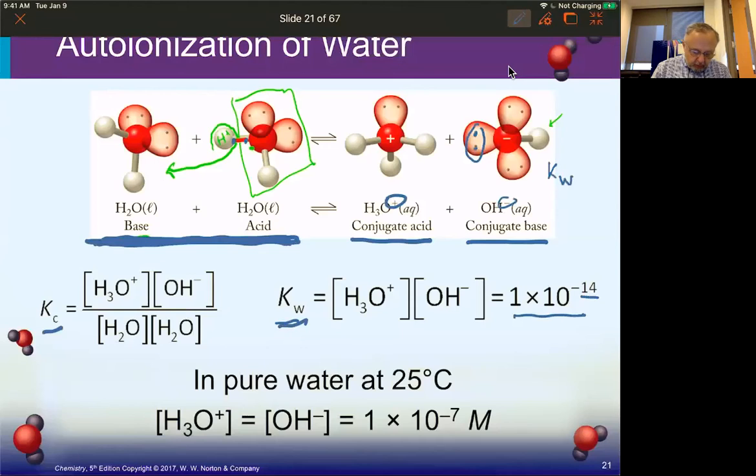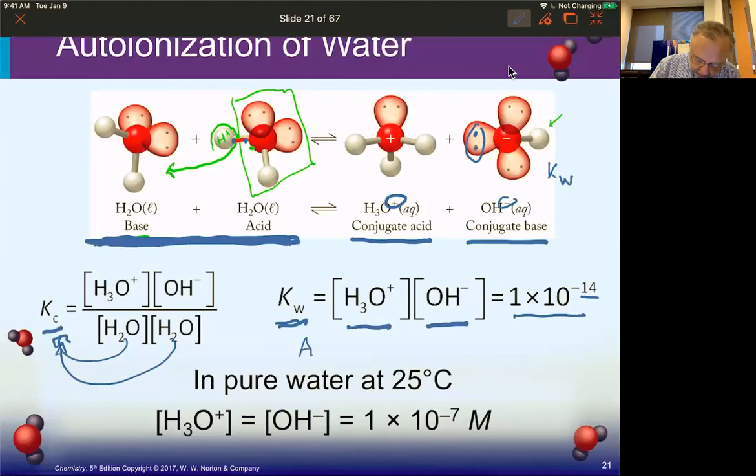These 2 concentrations are constant, and therefore they're incorporated into the Kc. The only thing left for the Kw is the concentration of hydronium ions and the concentration of hydroxide ions. This equilibrium is present in any aqueous solution, regardless of whether there's any other acid-base equilibrium. This is always going to be true for any solution.